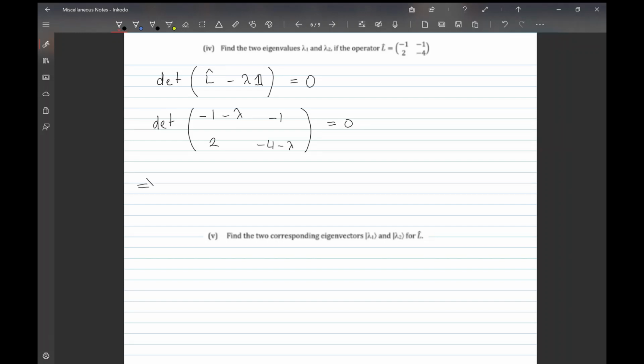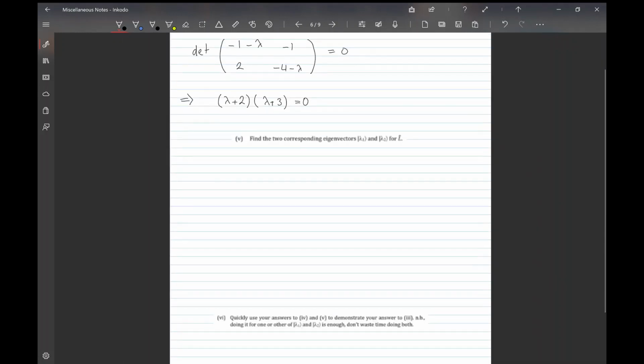Okay, so if we go and actually compute this determinant and play around with algebra a little bit, you'll actually find this factorized quadratic form here, which tells us, therefore, lambda equals minus 2 and lambda equals minus 3 are eigenvalues of L.